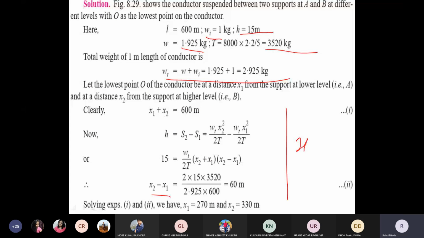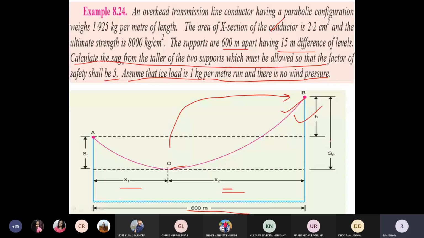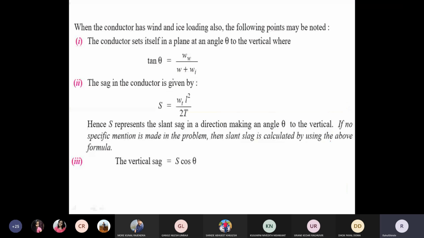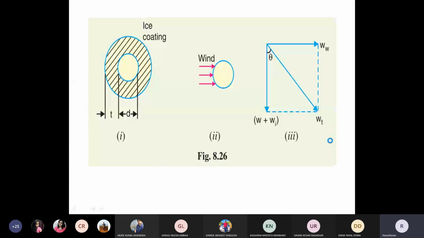Getting? I think it will be L divided by 2 plus omega divided by something, some formula is to be there. Let me reconfirm that formula. Yes, this is the formula. X2 is equal to how much?